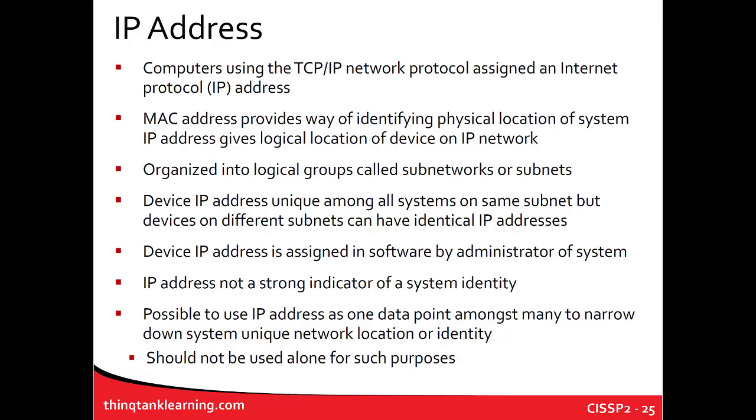IP addresses can be spoofed. They're not really strong indicators of identity, right? But they can be used as a data point. We don't use them by themselves, but we can use them as a data point for other functions like maybe geofencing or identifying through security intelligence known malicious actors based on the IP address information, that kind of thing.